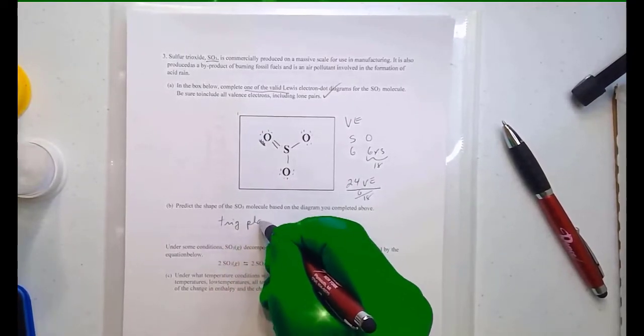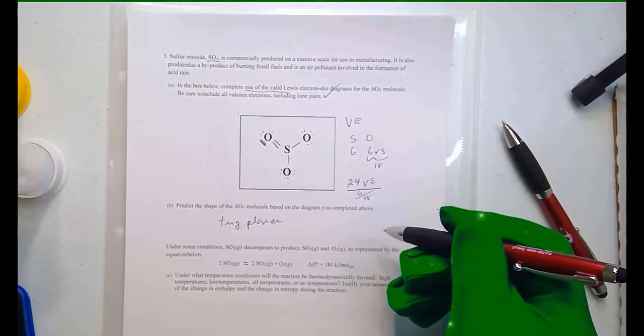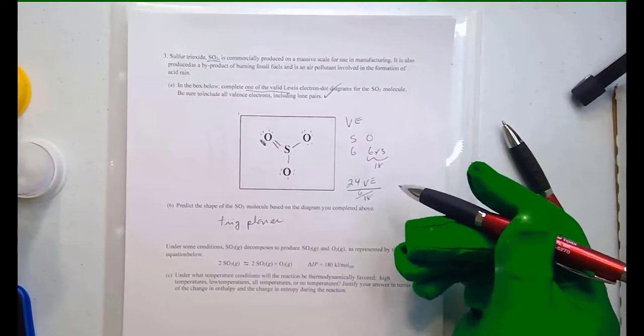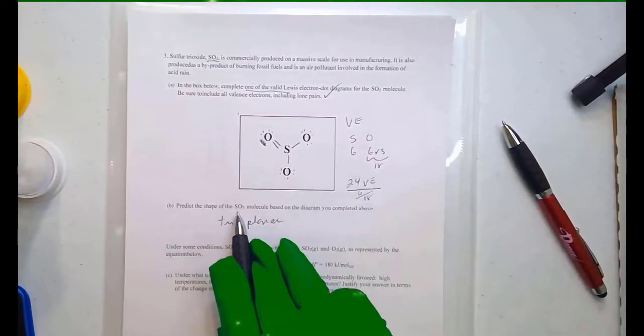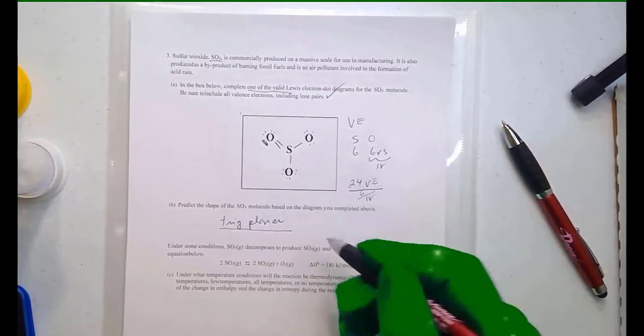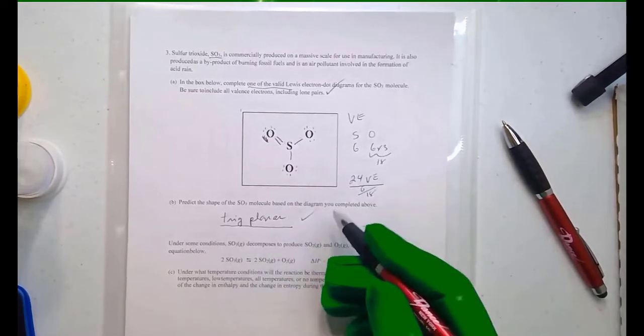Trigonal planar is the name. And predict the shape that you completed. Trigonal planar. They didn't ask for the angles, which would be 120 degrees, did they? No, predict the shape, trigonal planar. Okay, that's it. That's easy. We're moving along. Hey, we have time left over on this one.